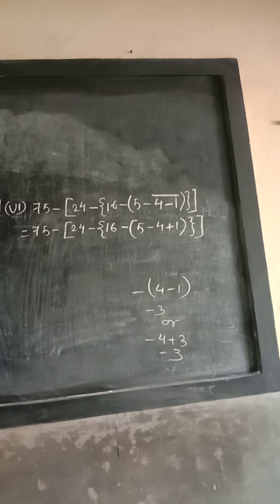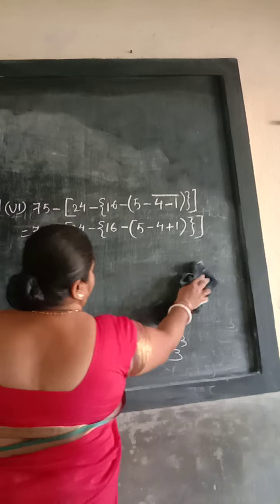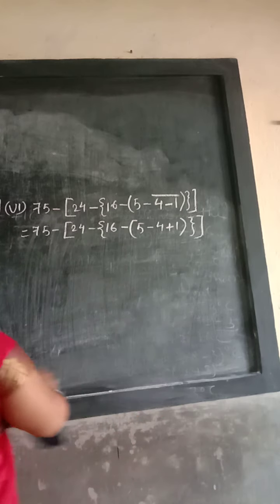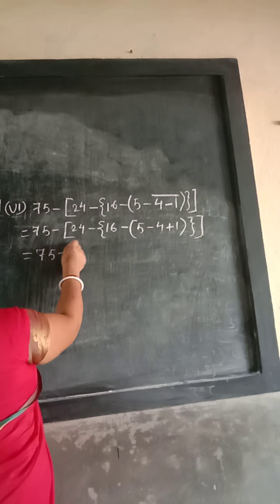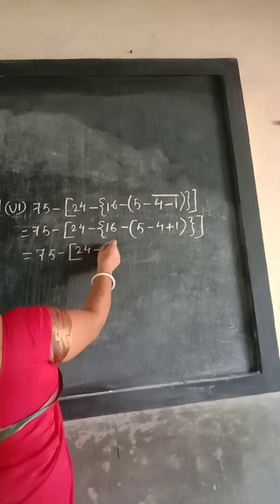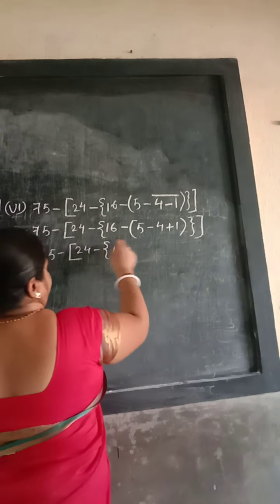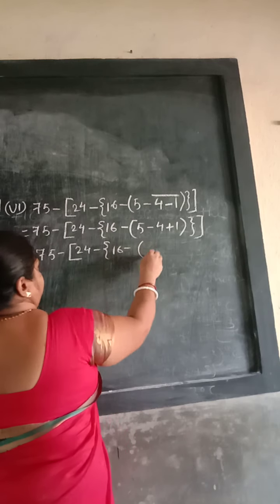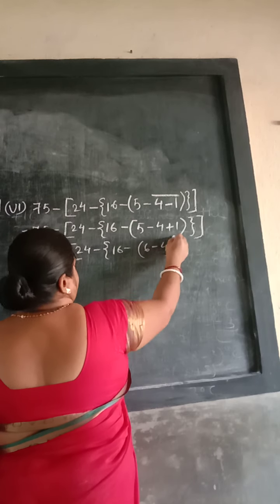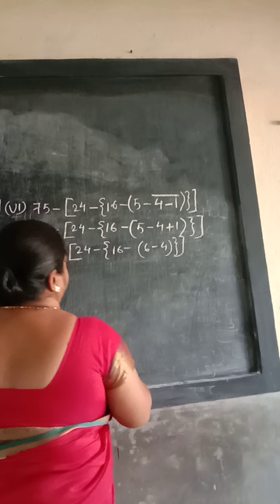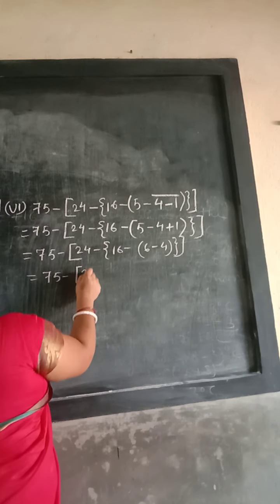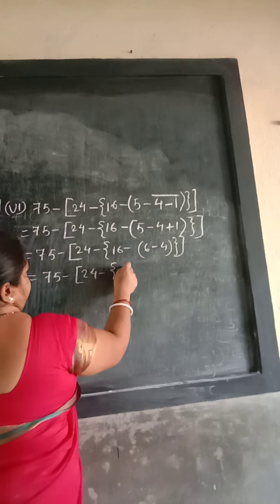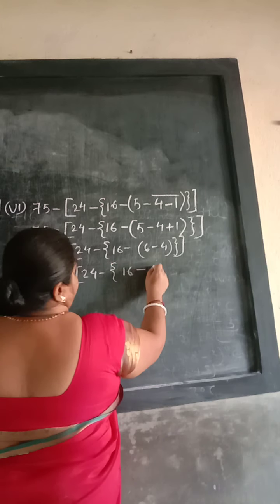So we are removing the bar and then we get minus 4 plus 1, so 75 minus 24 minus 16 minus 5 plus 1, 6 minus 4, or 75 minus 24 minus 16 minus 2.